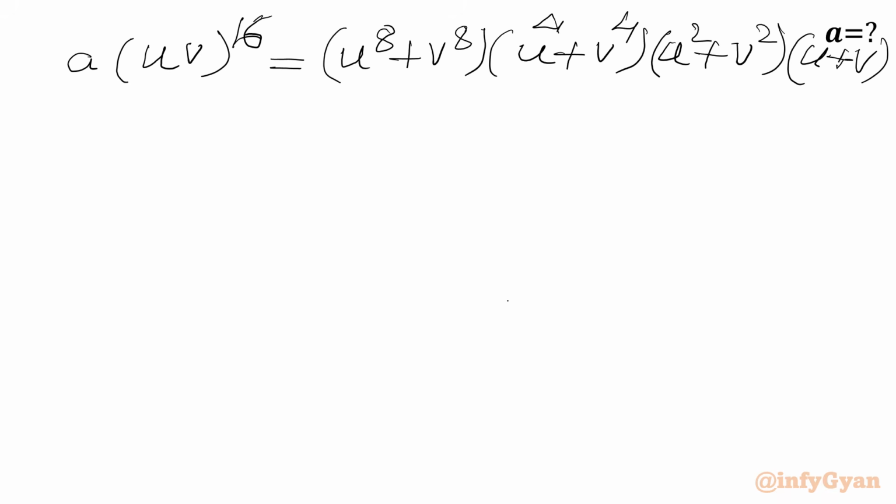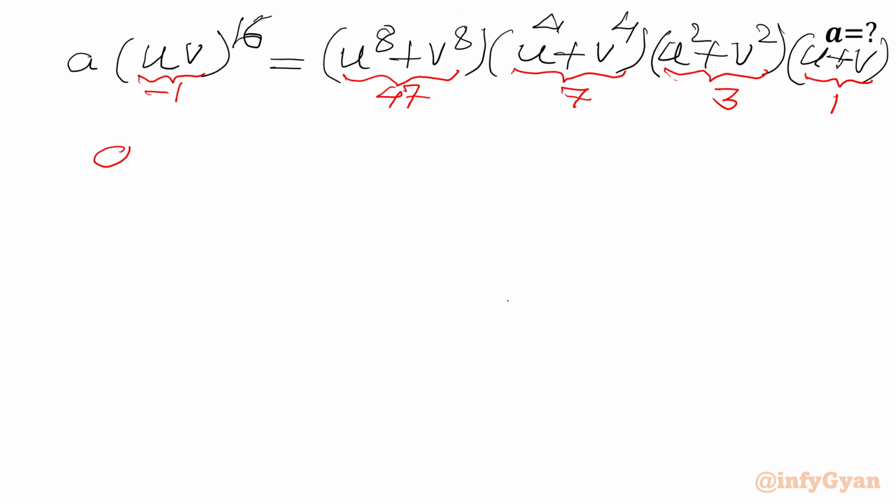If I write all the values over here, then u times v is minus 1, so here we can write minus 1. u power 8 plus v power 8, this is 47 as we have calculated. u power 4 plus v power 4, the value was 7. u square plus v square, this was 3. u plus v is 1. Only we need to do the calculation part.